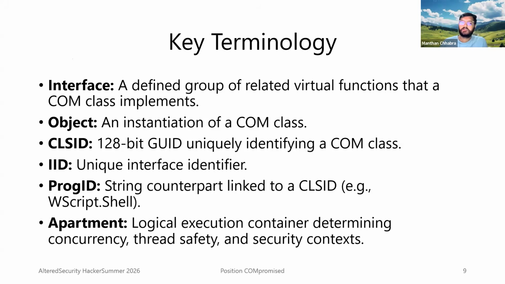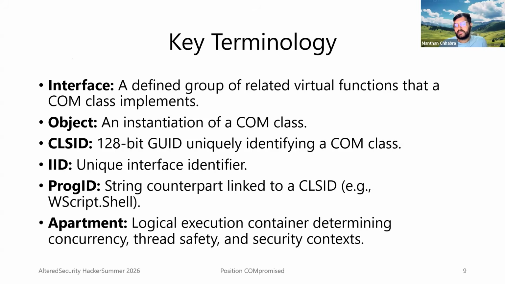As we discussed, the Windows environment recognizes a COM class through its CLSID, or class ID. But as a developer, keeping track of all of these GUIDs is going to be very difficult. You can't memorize these 128-bit GUIDs to see which COM class you want to interact with.